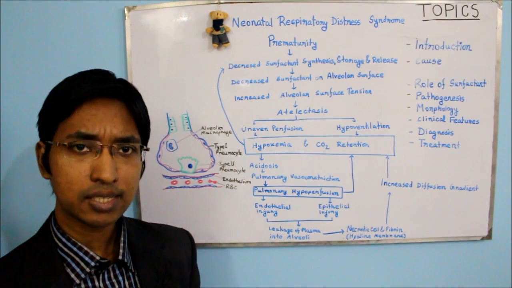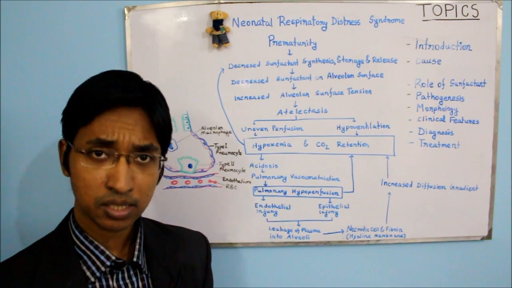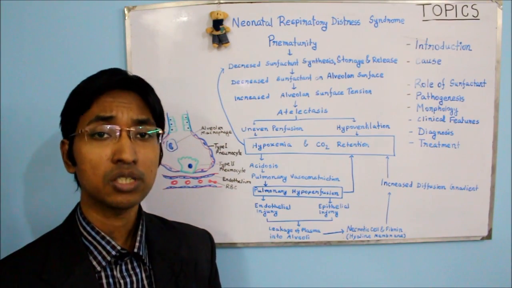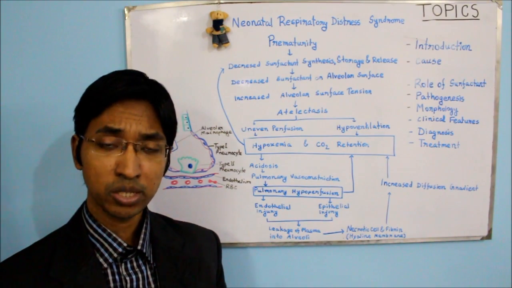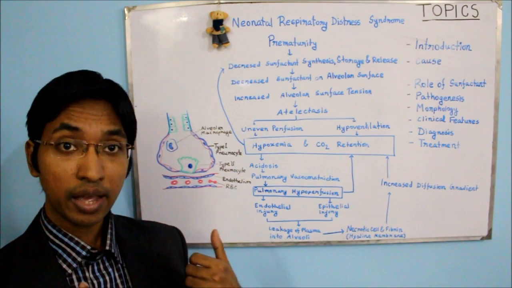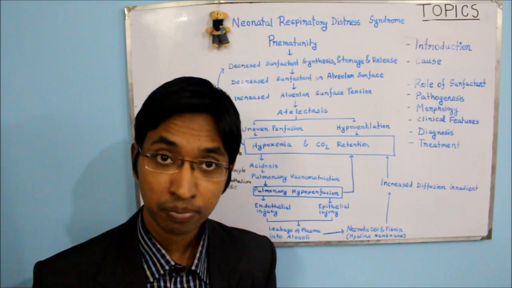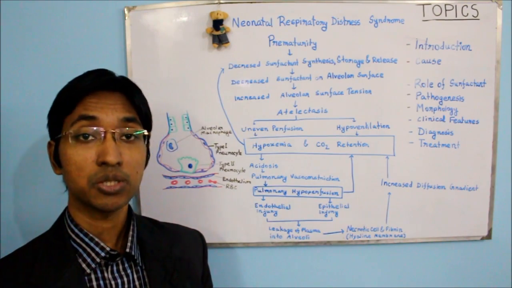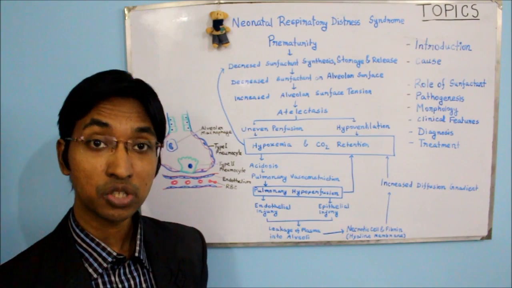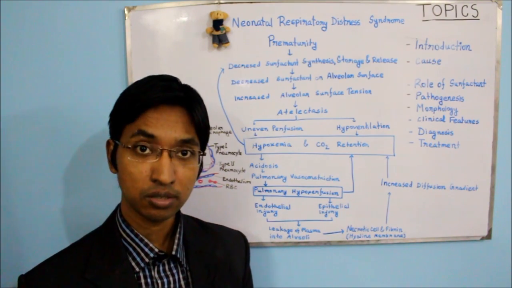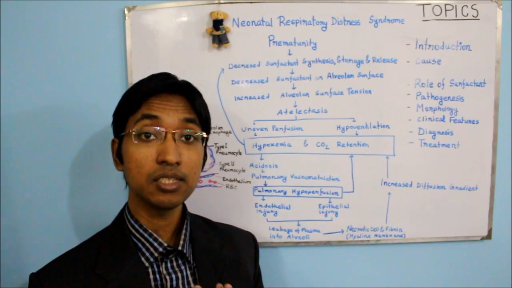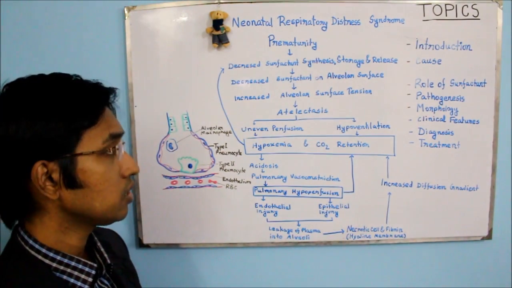So in this case, the baby has to exert high inspiratory pressure not only for the very first time when the baby begins to breathe, but also in every subsequent breathing. That means every subsequent breathing of this baby will also require the extra effort that was needed for the very first breathing. And that is the problem with this disease.